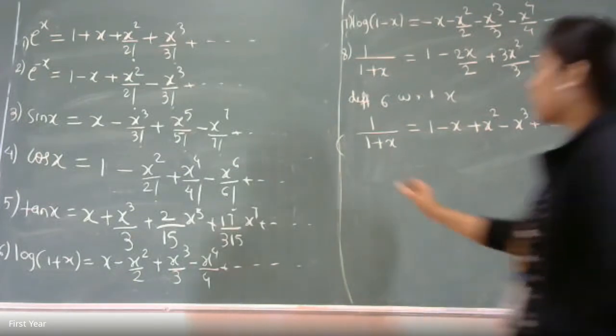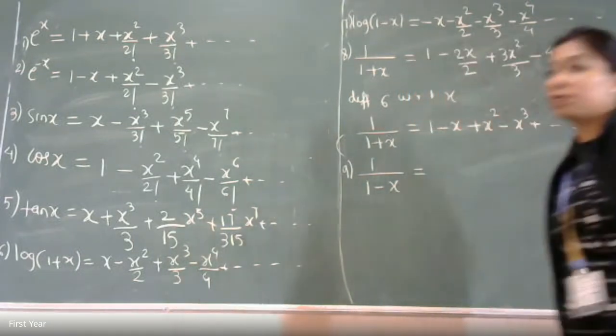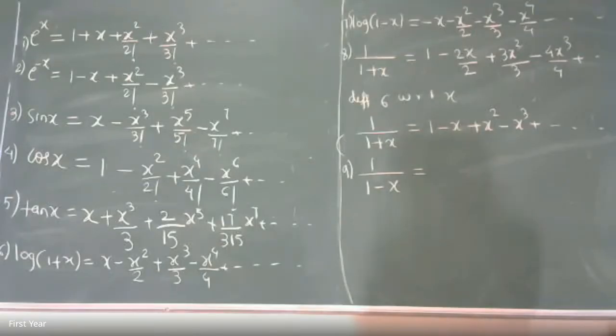So what will be the ninth one? 1 over 1 minus x. Differentiating log of 1 minus x, you get the answer. What is the answer? 1 plus x plus x square and so on, all positive.